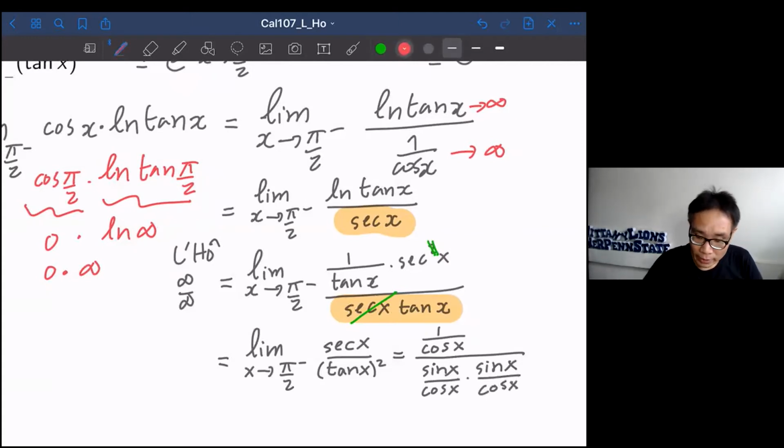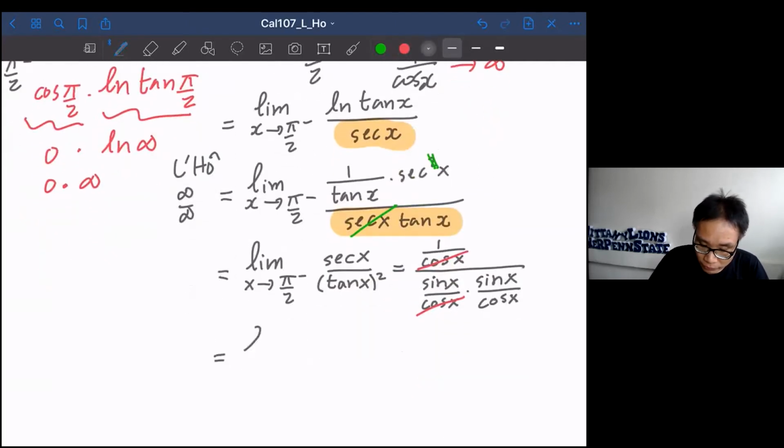And you see that cos will get rid of each other, one term, and you have cos over sine square for the final term. So you would have limit x goes to pi over 2 from the left of cos x over sine x square.